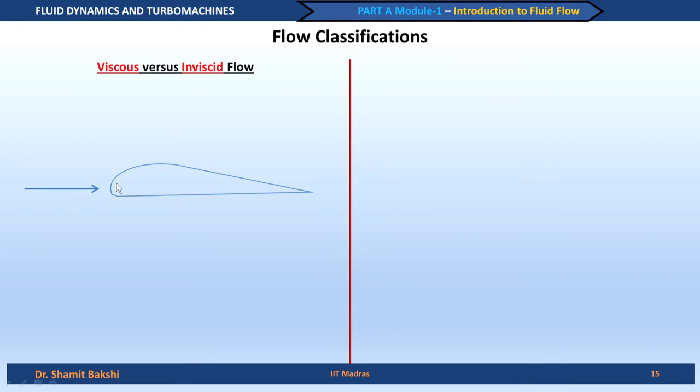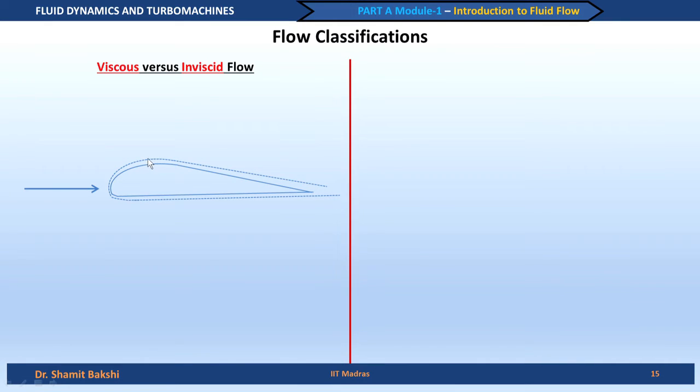Now, if we consider a flow, we can define a region shown by this dashed line, and this region is where the viscous behavior is important.